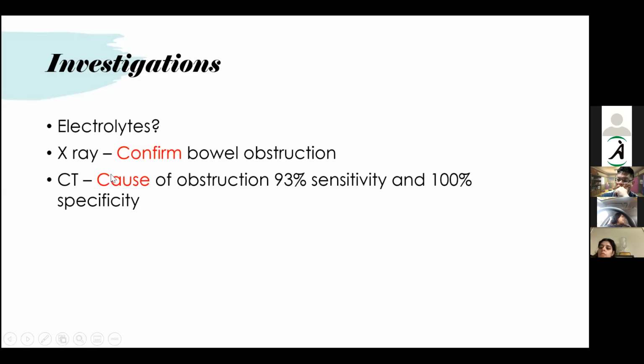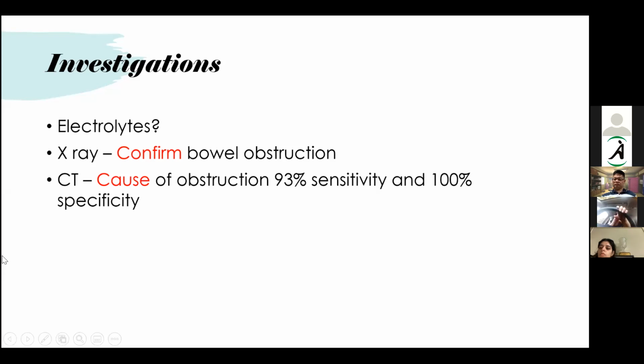So you can confirm an obstruction with an X-ray, but if you need to find the cause of the obstruction, X-ray is not sufficient. Then, if you are particular about finding the cause, a CT scan would be the investigation of choice. Whether you should find the cause is another question altogether, because in a very sick, terminal patient, even if you find the cause, there may not be much you can do about it.